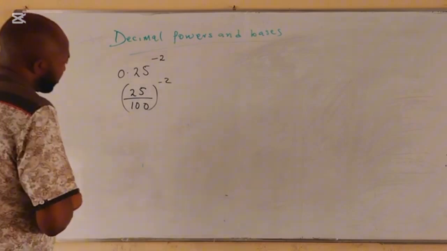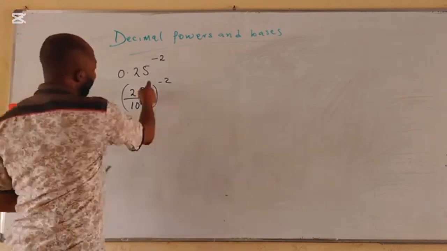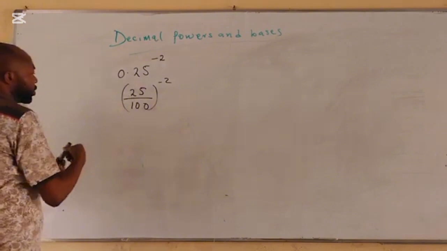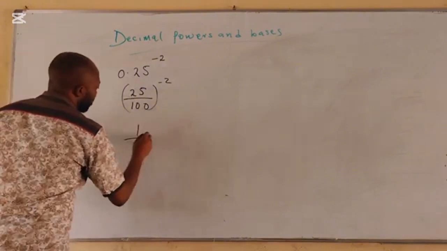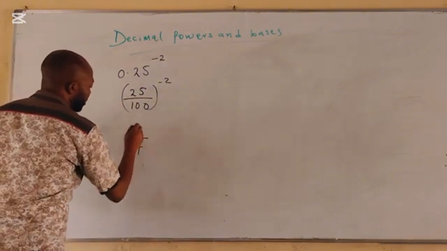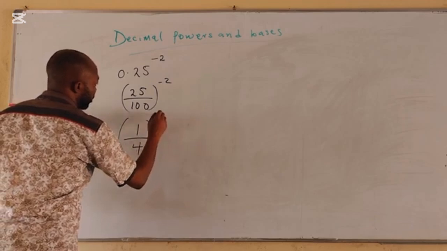We can divide inside the bracket. 25 goes into itself 1 time, and into 100, 4 times, so 1 over 4, raised to the power of minus 2.